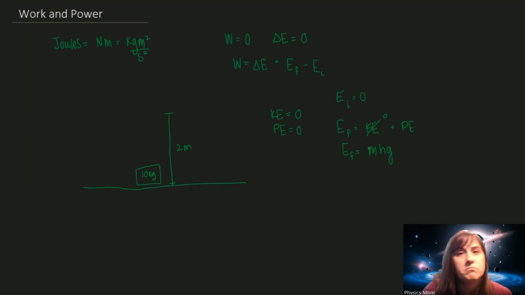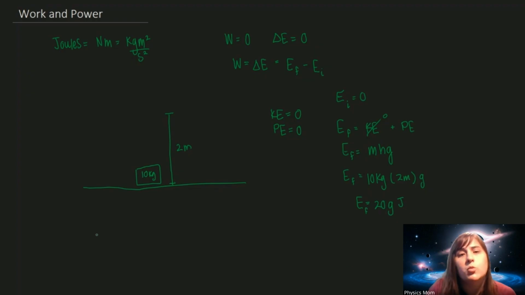I could calculate this. Its mass is 10 kilograms. Its height is 2 meters. Gravitational acceleration of Earth is 9.81, but if we wanted to answer it in terms of g, we could say that the energy is going to equal 20 g in joules. That's its final energy.